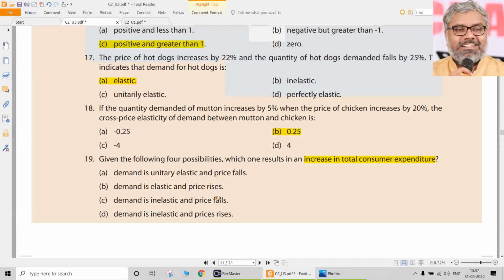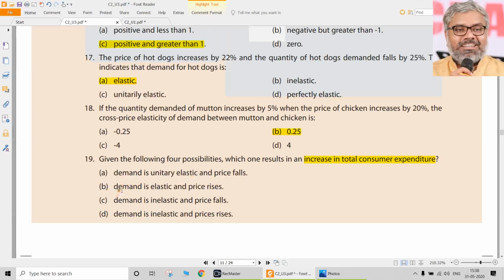There is only one of the four possibilities which will result in an increase in the total consumer expenditure. What could that be? First one, if the demand is unitary, it does not change the consumer expenditure, because unitary demand means no change in consumer expenditure. So we cannot call A a correct option.